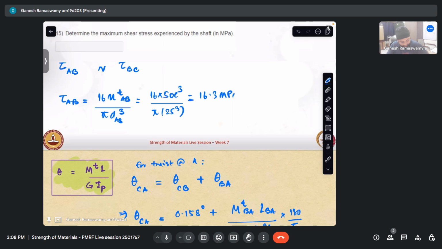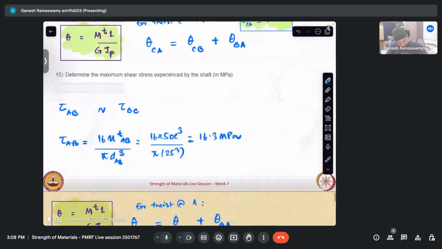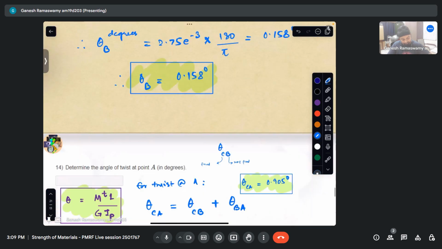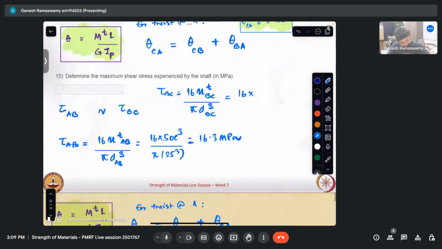And tau BC is the same thing with subscripts BC. So I'll just replace those. This is BC, this is BC, which is 16 into what is the torque it is experiencing? It is 450, by pi D, 50 cubed.